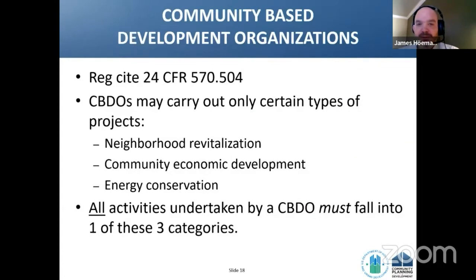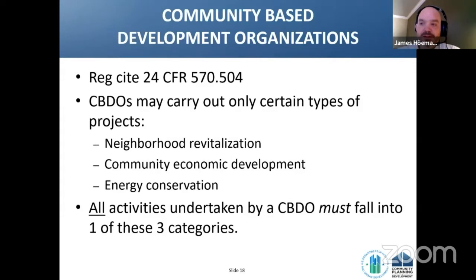All right, so CBDOs. A lot of grantees are familiar with CBDOs. Some of them are not. I will note that where it sits in the entitlement regulations in 504, this actually comes out of the statute itself in a very slim piece.